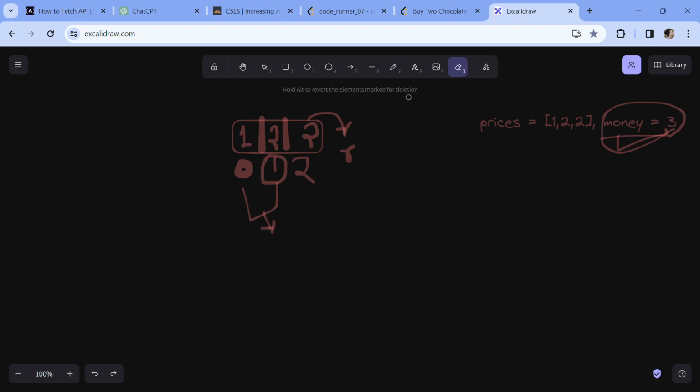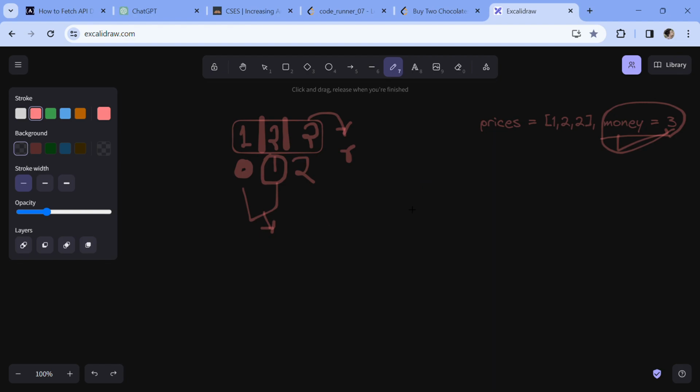So the logic is simple. Let me declare the first smallest as fs. In the given array, the first smallest element is at the 0th index, which is 1.